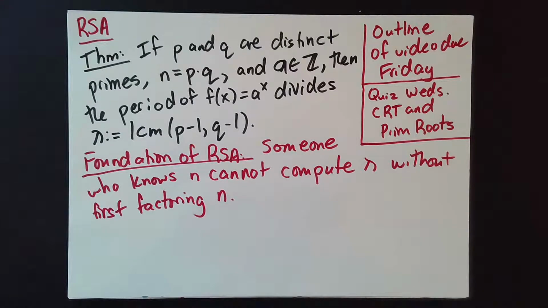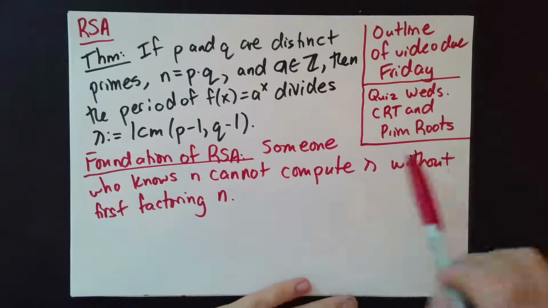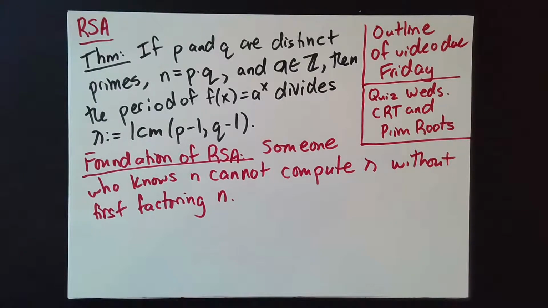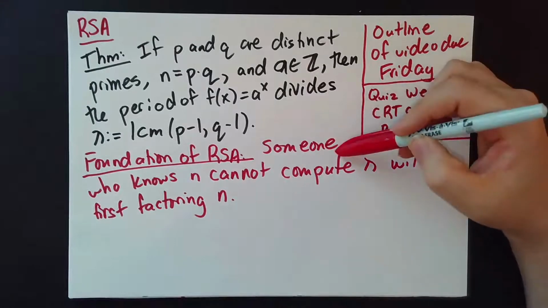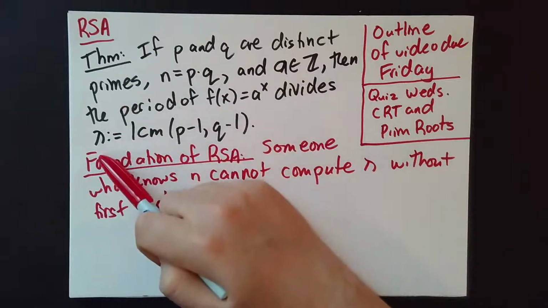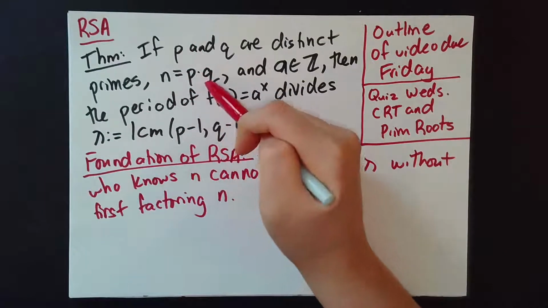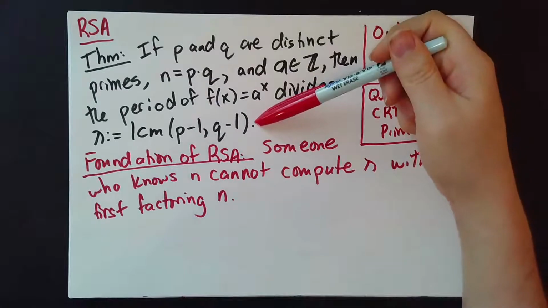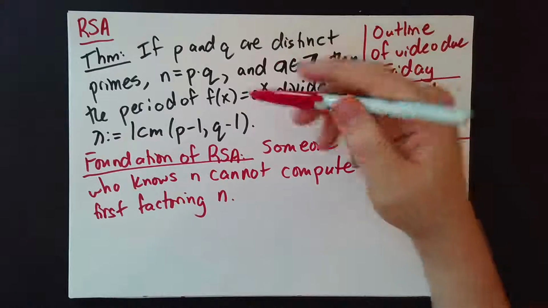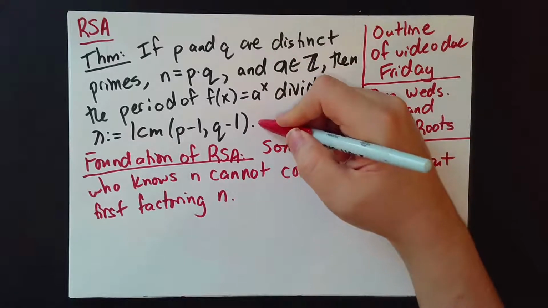So the hard problem that underlies RSA is factoring, and this is the way that we hide this complicated combination of thing that's easy for us to compute but hard for someone from the outside to compute: if we only know the product of p and q, we can't compute lambda. But if we actually know p and q, then it's very easy, because remember, a least common multiple calculation is basically equivalent to a GCD calculation, so it is very, very fast.